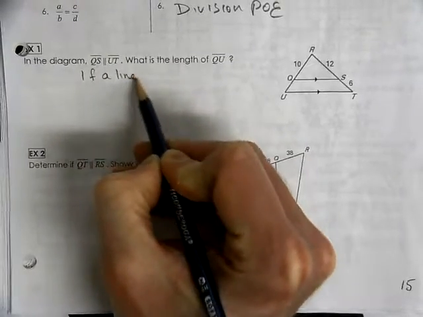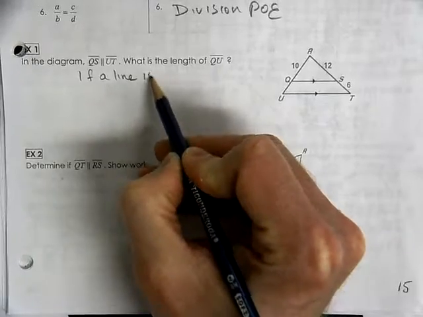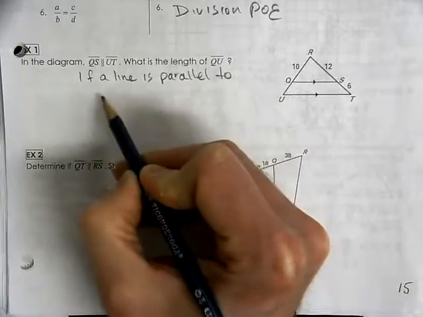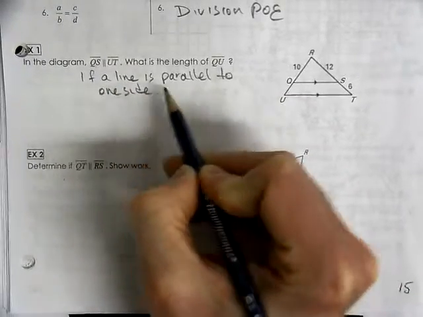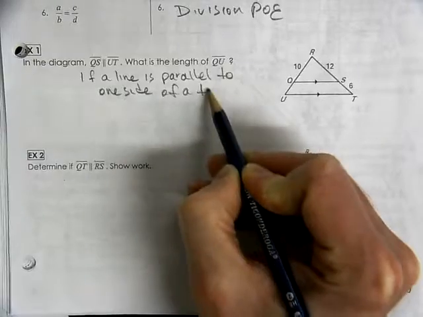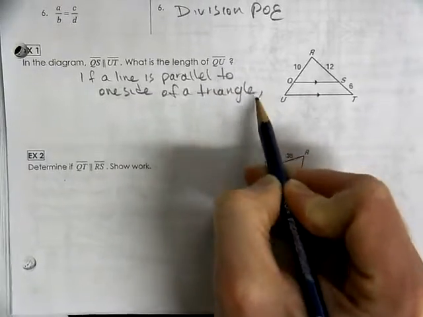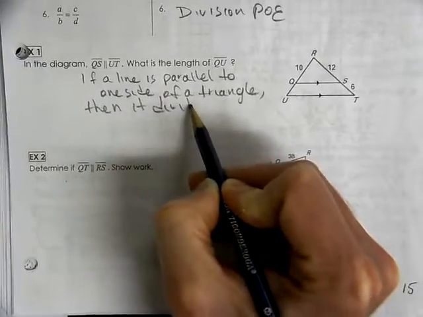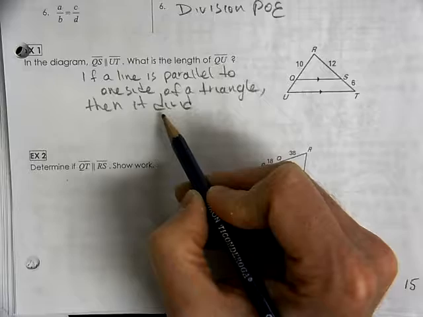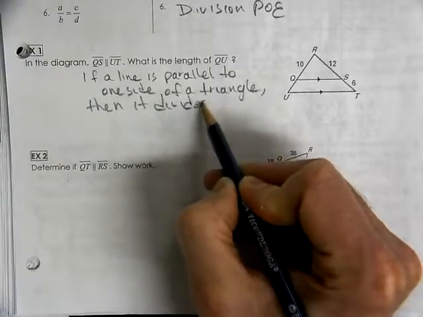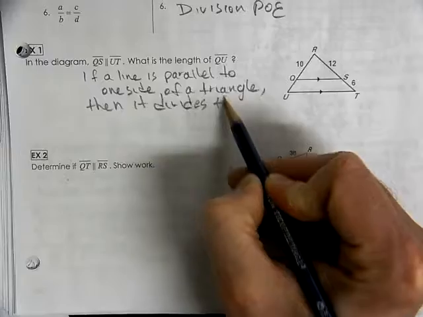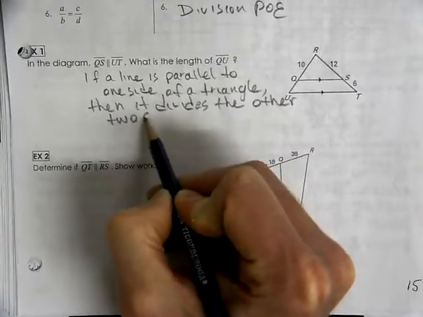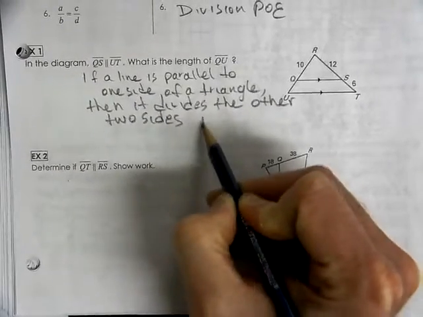If a line is parallel to one side of a triangle, then it divides the other two sides proportionally.